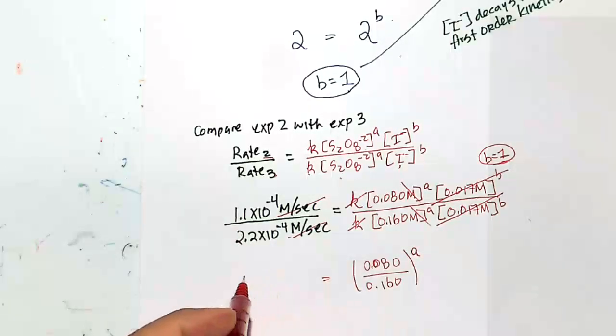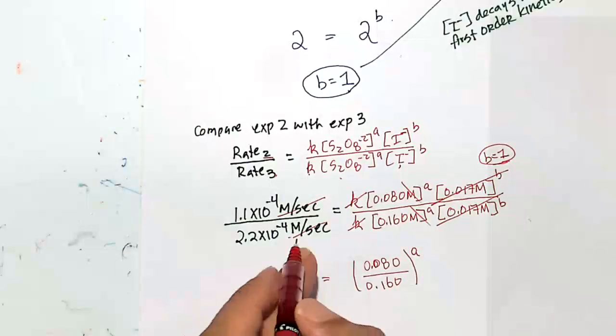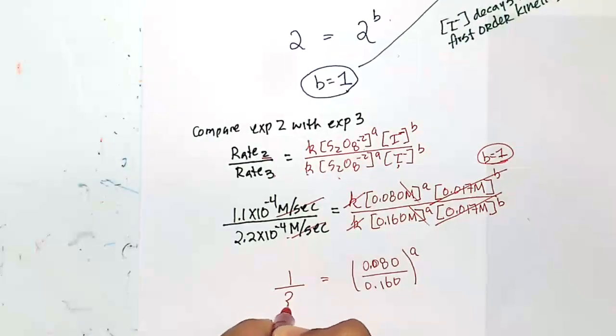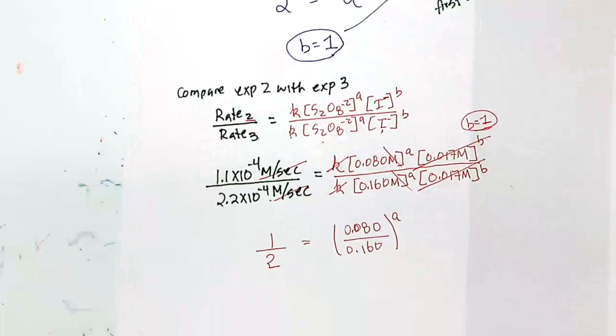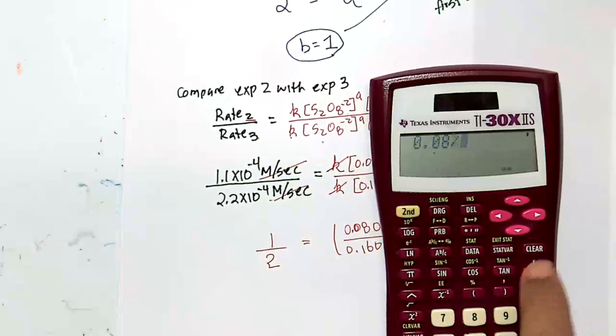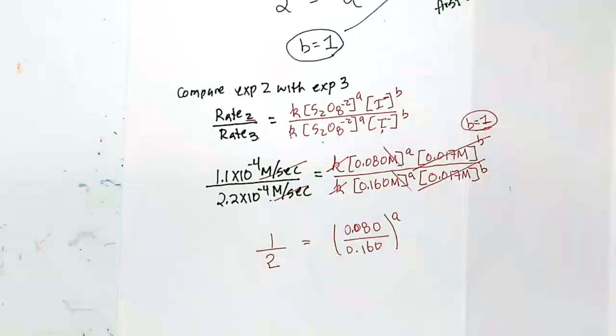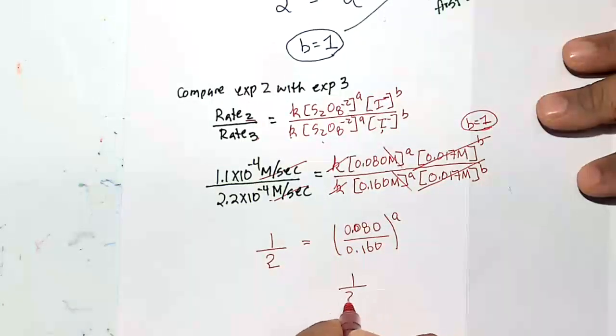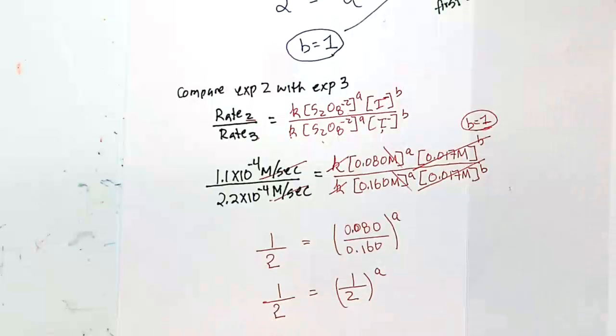What's 1.1 times 10 to the minus 4 divided by 2.2 times 10 to the minus 4? I can do that in my head. That's 1/2. And what's 0.08 divided by 0.16? That's also 1/2, to the power of A. So what will A be this time around?